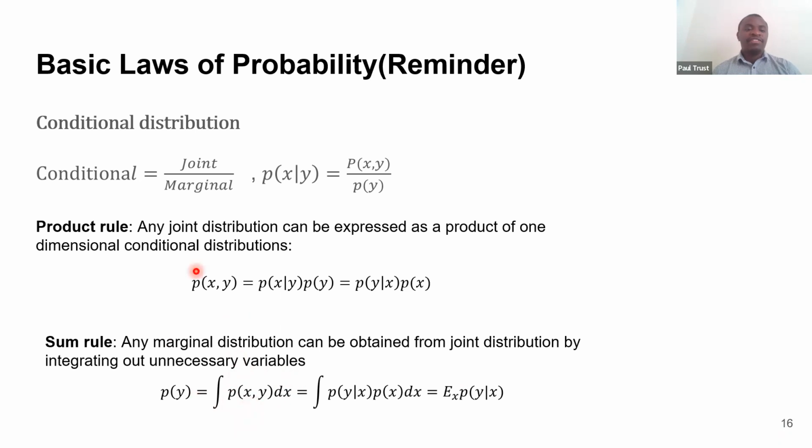So in other words, if you have two variables, the simpler way of getting one out of the two variables is to sum out the other variable. Integration is the sum.